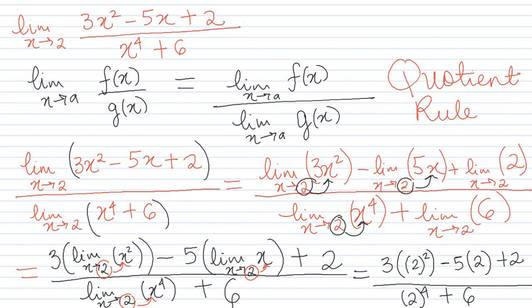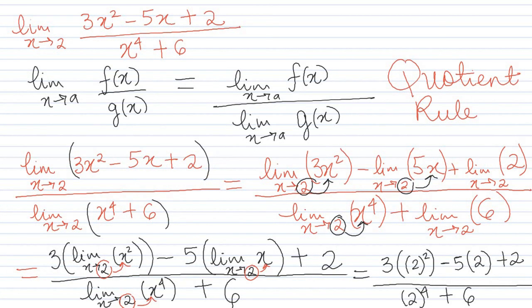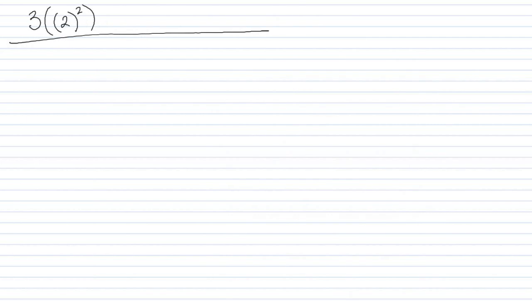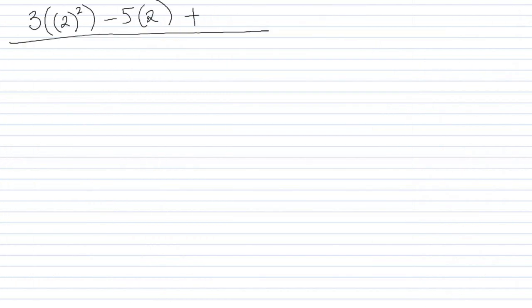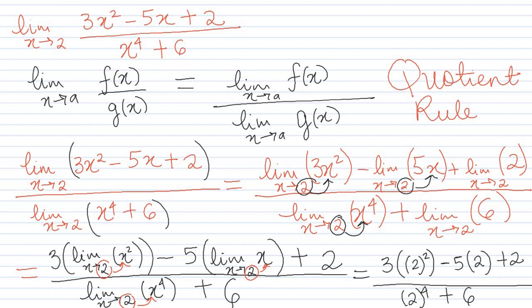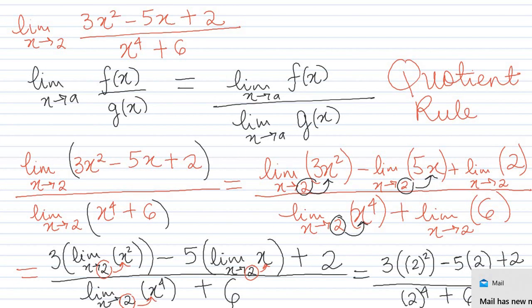So we had 3 multiplied by 2 squared, minus 5 multiplied by 2, plus 2, divided by 2 raised to the power of 4, plus 6.